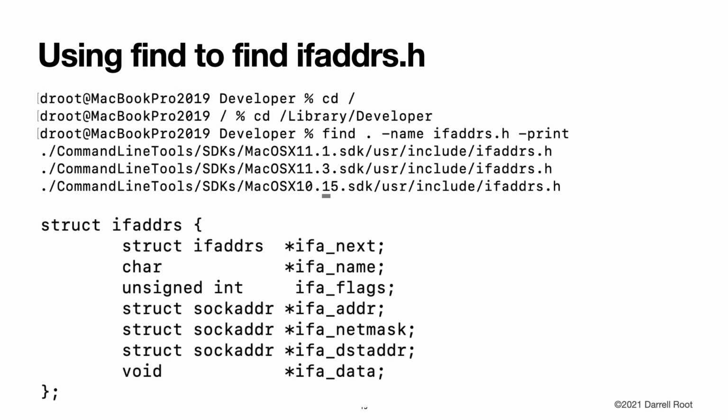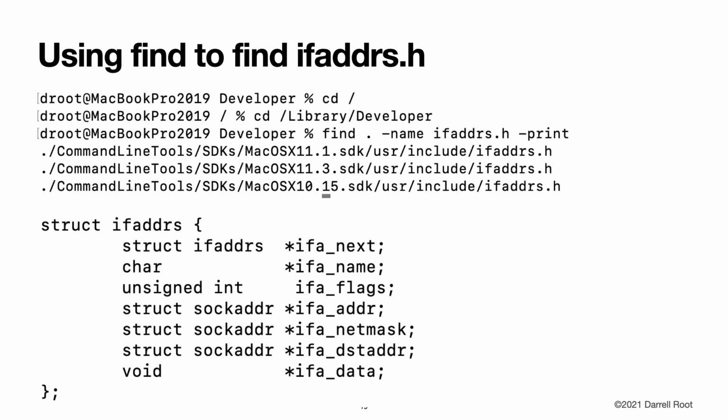It's also helpful to be able to find where your header files are, and sometimes it's surprisingly difficult to actually find the header files. Here's a find command. I changed to the root directory, and then I changed to the /Library/Developer directory, which, at least on macOS, is where all the development header files are included.